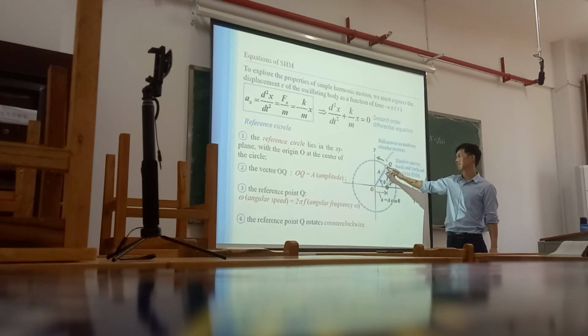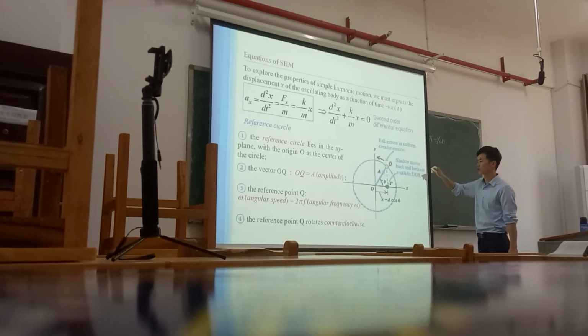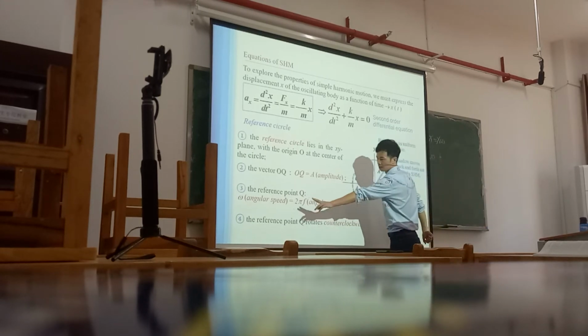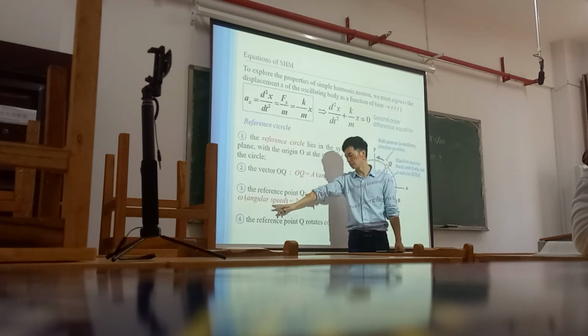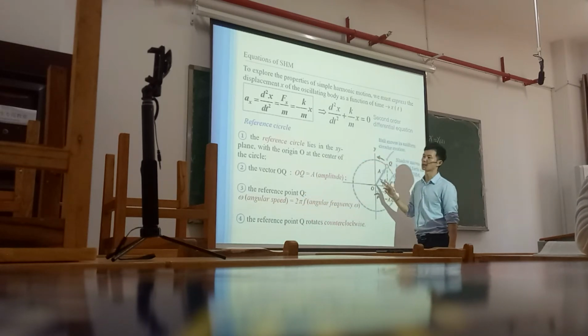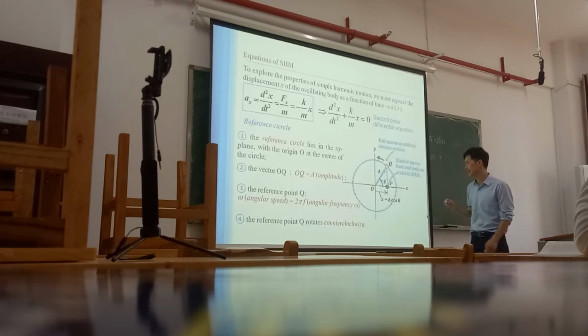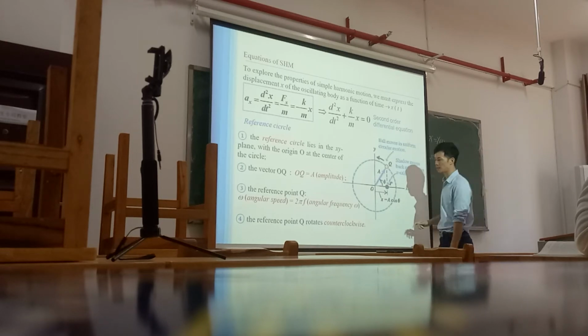Because the ball Q is in uniform circular motion, for the circular motion we can also introduce the angular speed and the frequency. This is the speed in the circular motion, and in simple harmonic motion, we call omega the angular frequency.